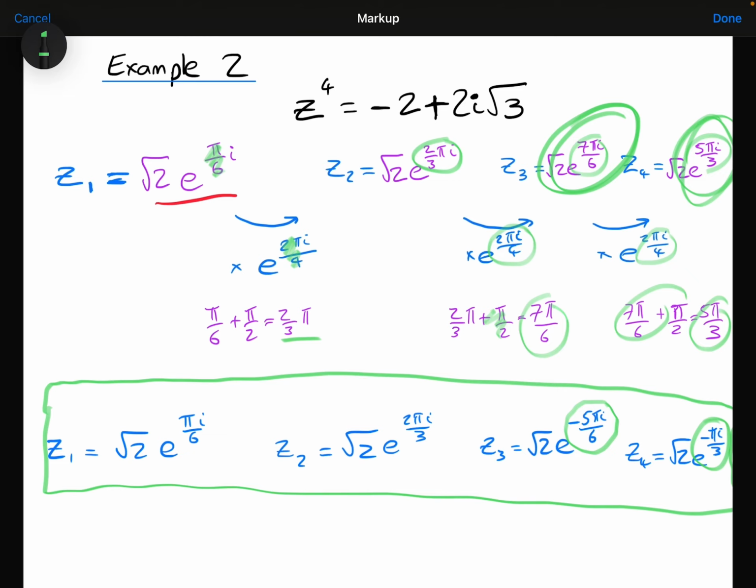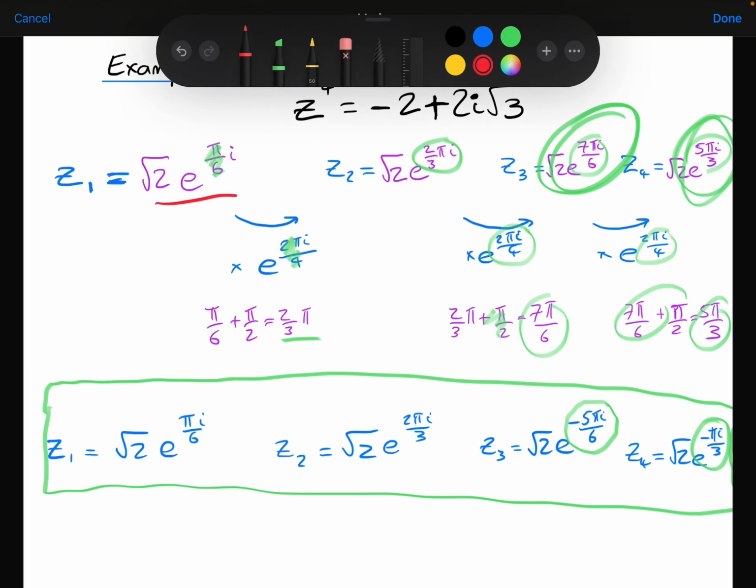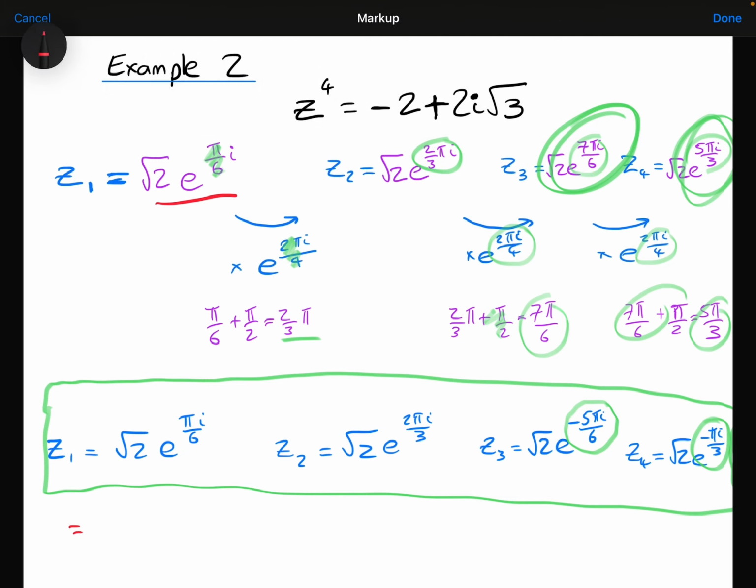So I've got all my answers here. I've solved it in exponential form. If you wanted to turn these back into Cartesian form, then we could just rewrite this as root 2 cos pi over 6 plus i sine pi over 6.